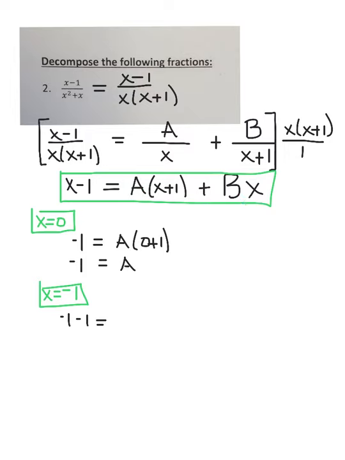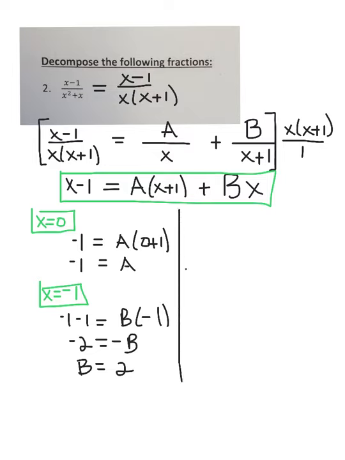I'm just going to plug the negative 1 right there. That's going to give me b times negative 1. So that gives me negative 2 equals negative b. Therefore, b has to be 2. So we pretty much have our answer here.